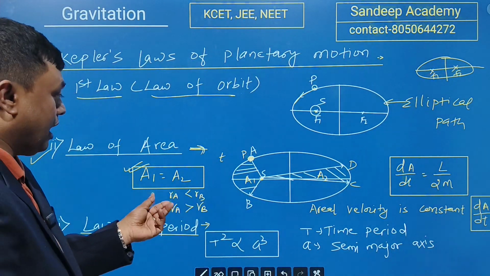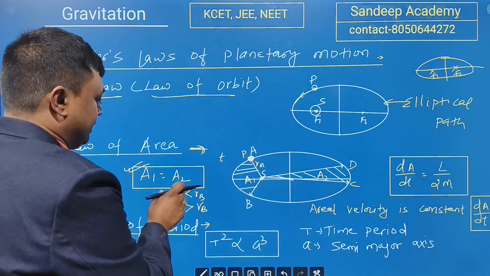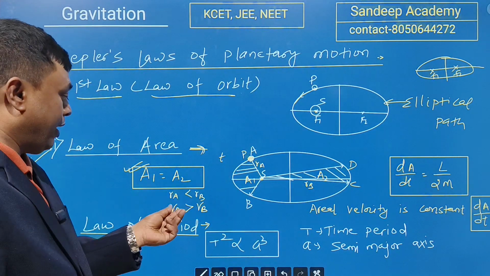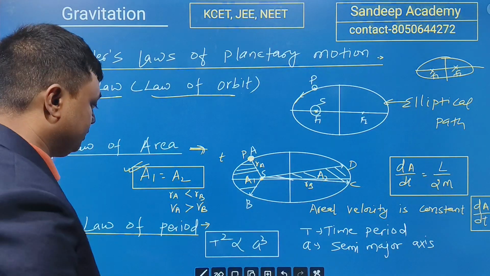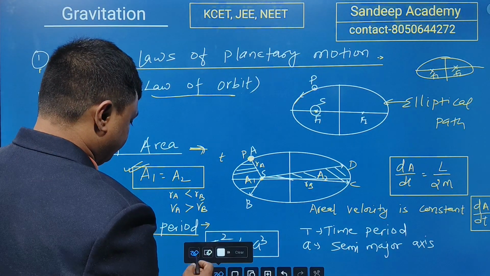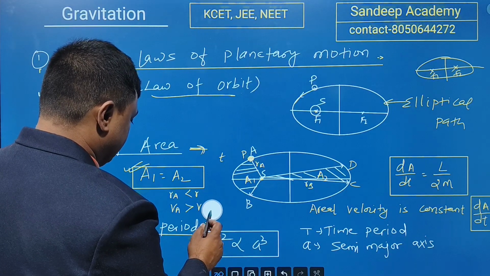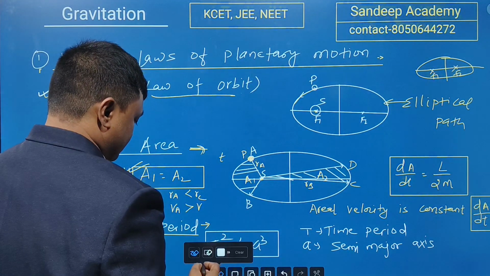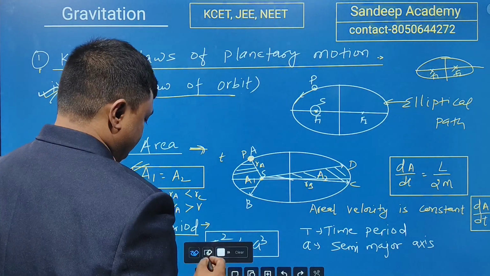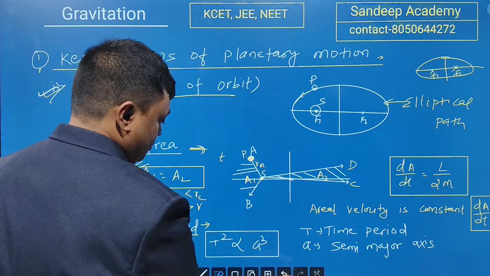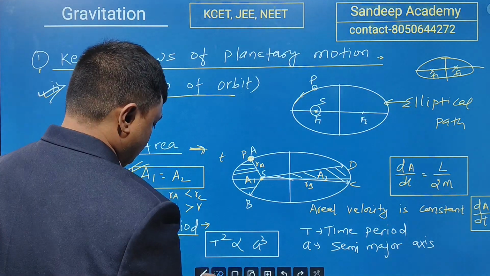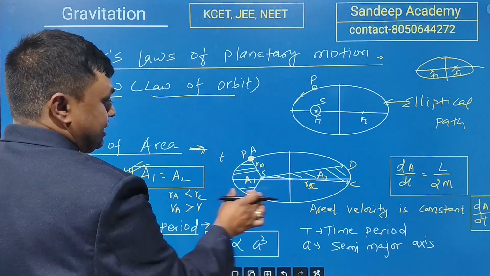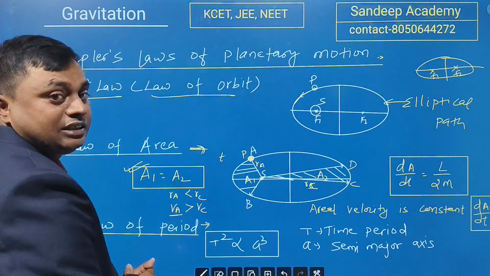If RA is the distance of planet P from the sun at A, and this is less than RC, the distance at point C, then the velocity at A will be more than the velocity at C. Understood?